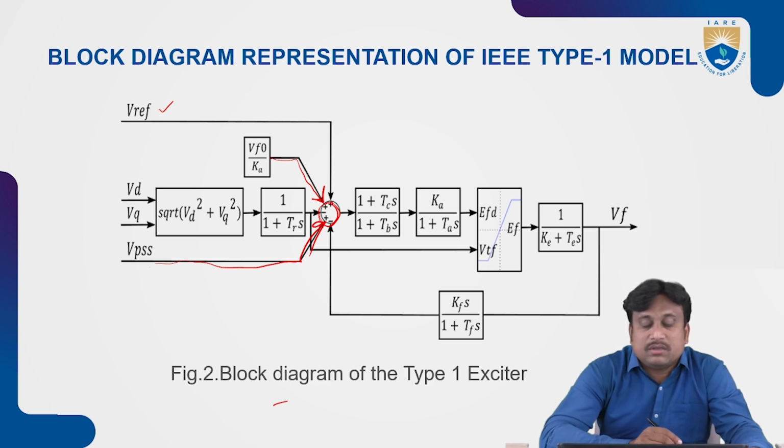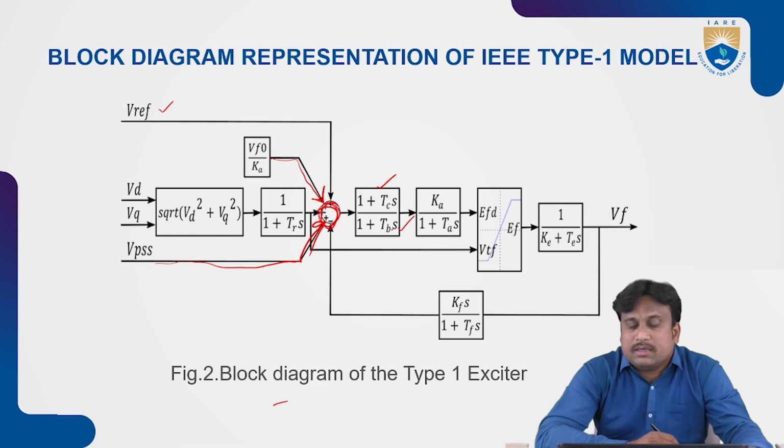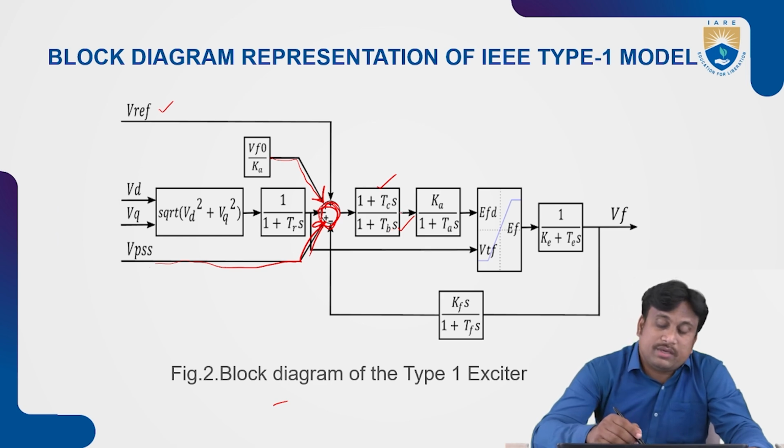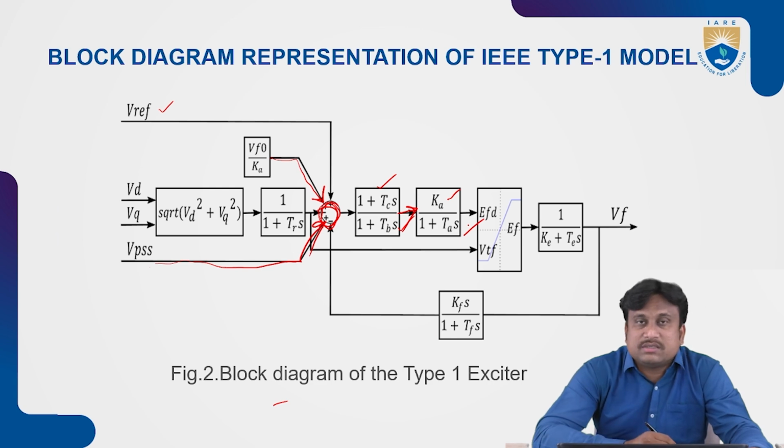When all the sections meet at a junction with positive coefficients, the transfer function is represented as 1 plus TCS by 1 plus TBS. This block is again connected with Ka by 1 plus TAS. All are constant terms of the regulating system for the Type 1 exciter.